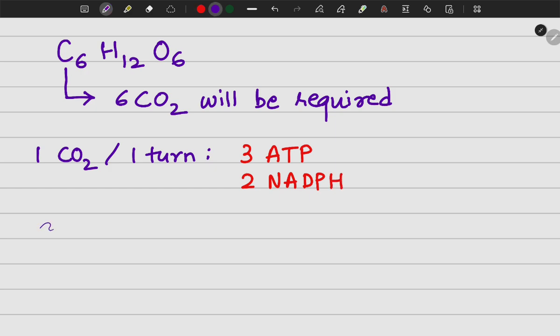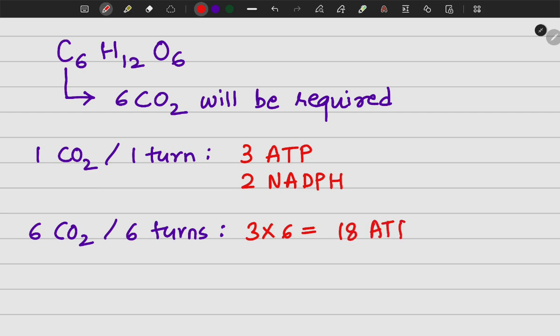So for 6 molecules of CO2 or for 6 turns of the C3 cycle, we will have 6 into 3, 18 ATP molecules utilized, and 6 into 2, 12 molecules of NADPH will be required to produce one molecule of carbohydrate.